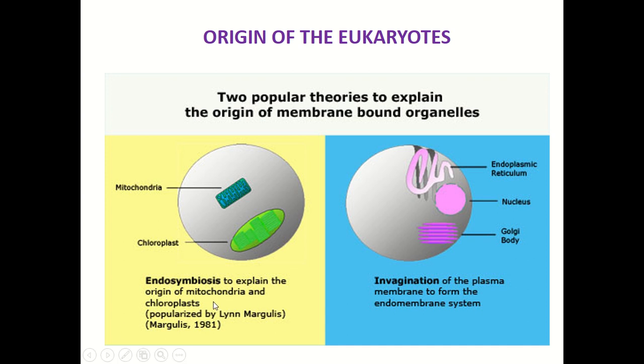First is the endosymbiosis theory, which explains the origin of mitochondria and chloroplast in eukaryotic cells. And next is the invagination theory of the plasma membrane to form the endomembrane system, including the endoplasmic reticulum.